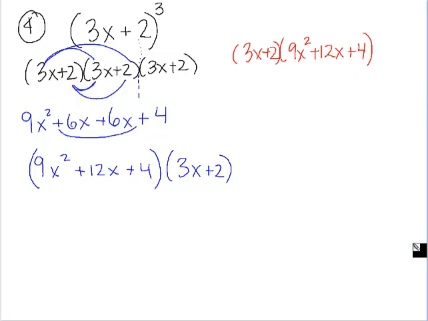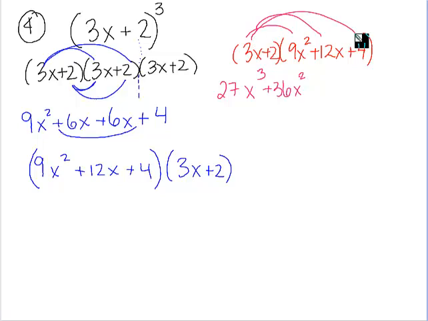Times 3x with 9x squared. Okay, so what's 3x times 9x squared? 27x to the third. Then we have to take 3x times what? 12x. Okay, 3x times 12x is 36x squared.